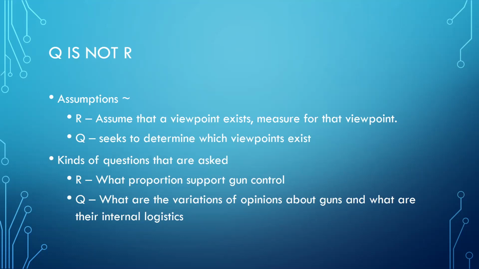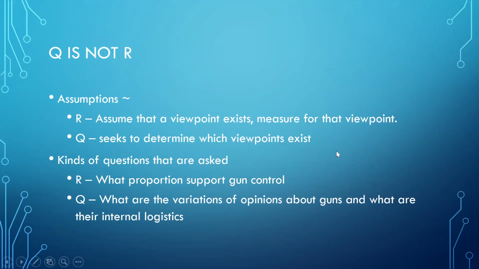So an R methodology study would look at that particular thought process, that particular idea, and construct their study based on that. So then you can measure, and so we have here the kinds of questions that are asked. What proportion support gun control? So in this case, what proportion of the population supports vaccination from COVID-19?